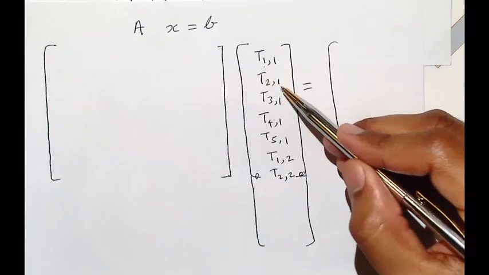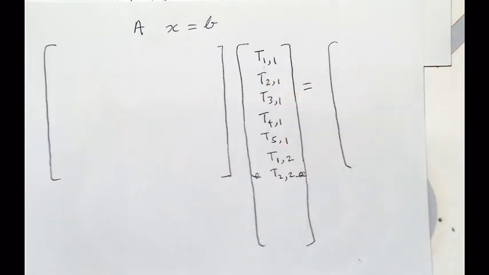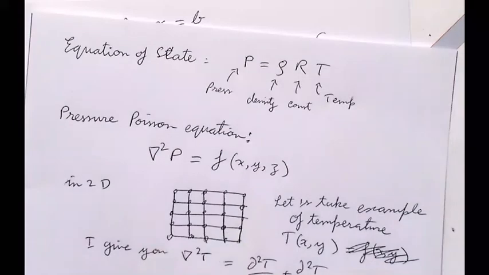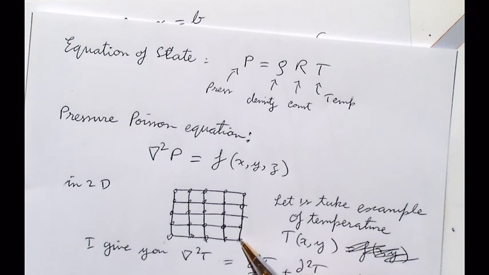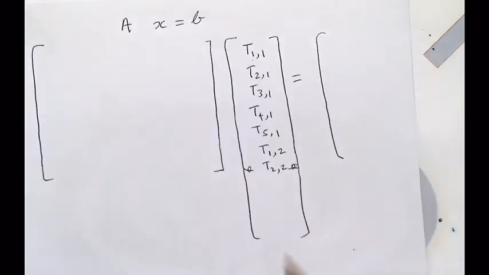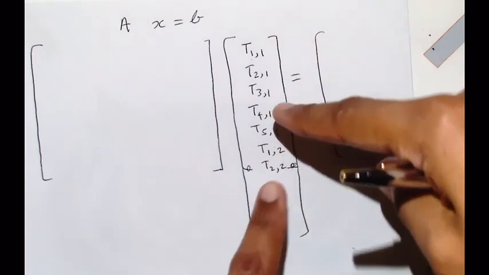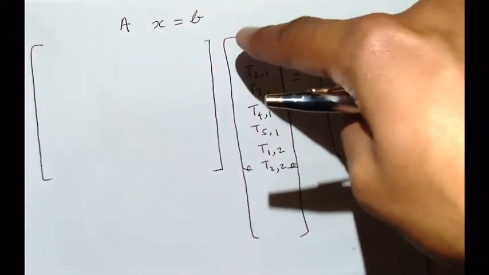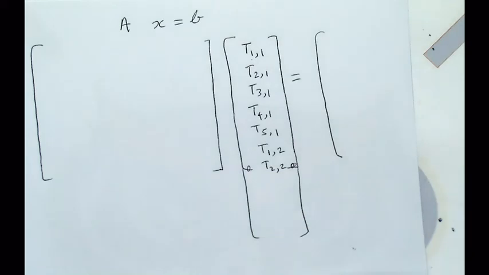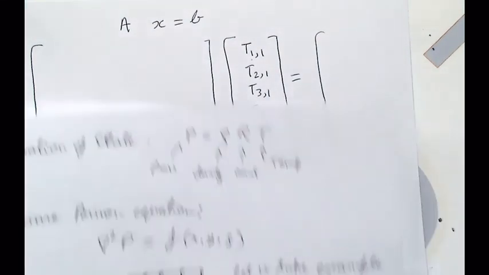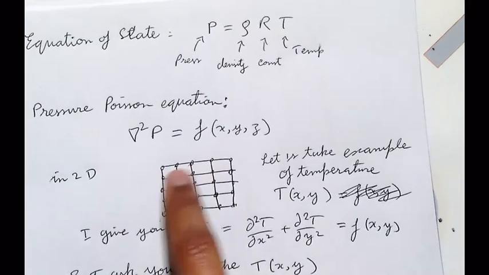T1,1, 2,1, 3,1, 4,1, 5,1. This means I'm taking the first row. That's the temperature on these nodes. Once I'm done, then I start with the second row, which is T1,2, 2,2. So I will have 25 elements in here, 25 unknown T's, because I want to solve for 25 different nodes.